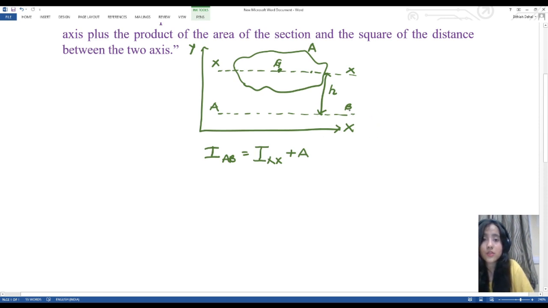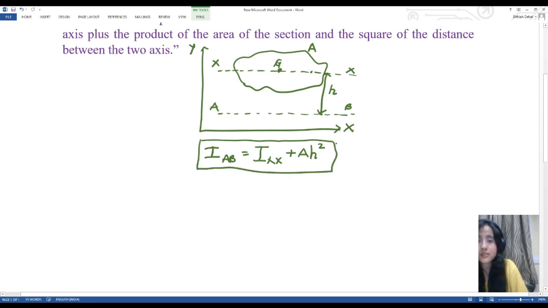The distance between these two planes is h, so into its distance squared. So this is your simple explanation of the parallel axis theorem from the statement.